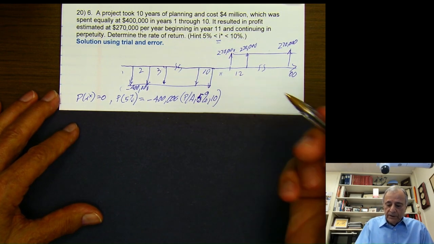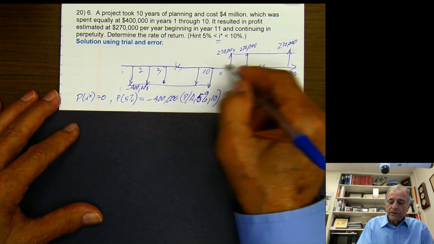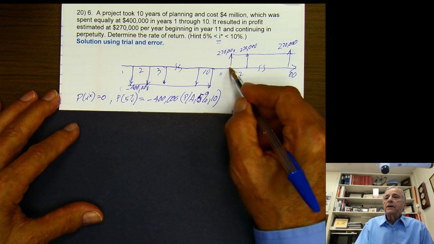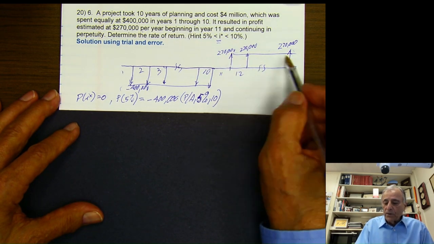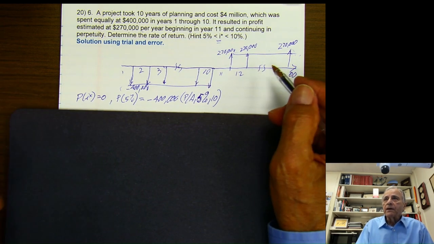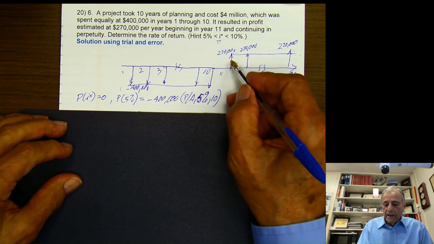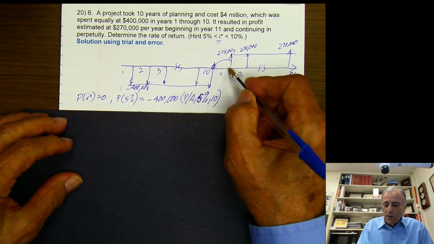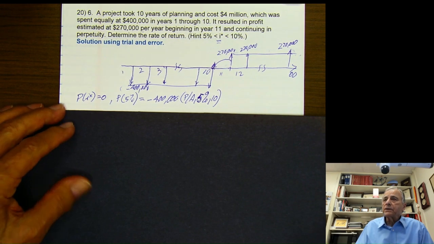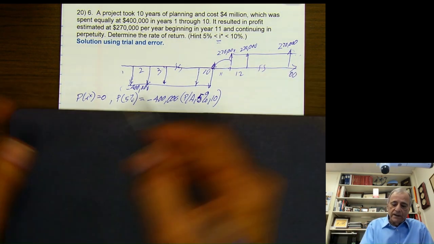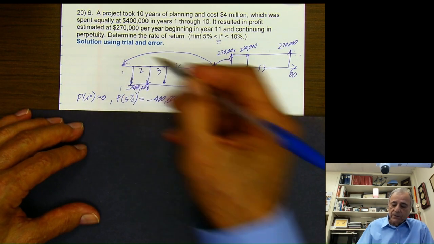And then we have this 270,000 forever, but it starts at year 11. Now, when we find the present worth of an infinite A series, we get that by just dividing by I, and that value is 1 year before the A series starts. So that would be at time 10. Then we'll have to take that back to time 0.